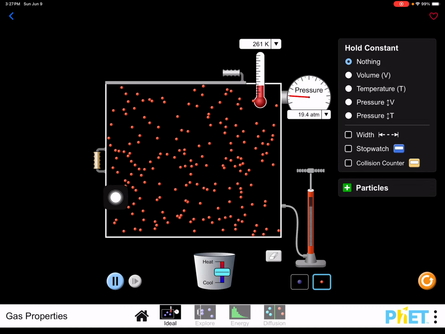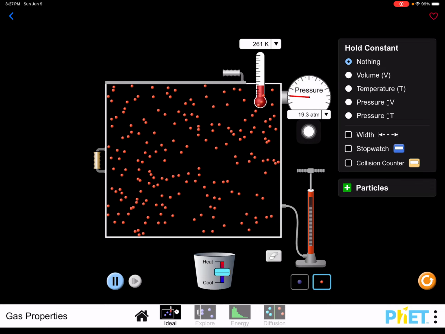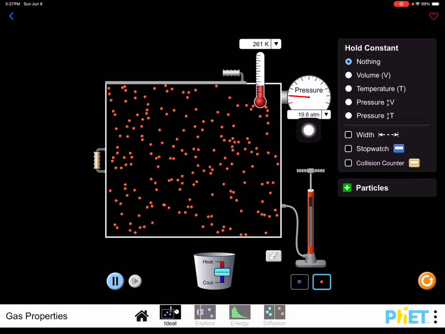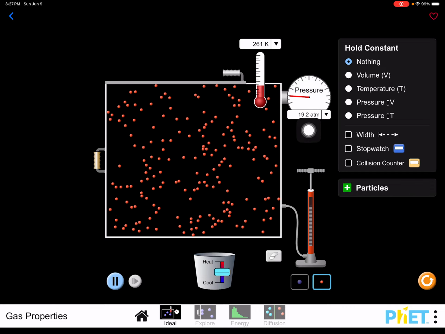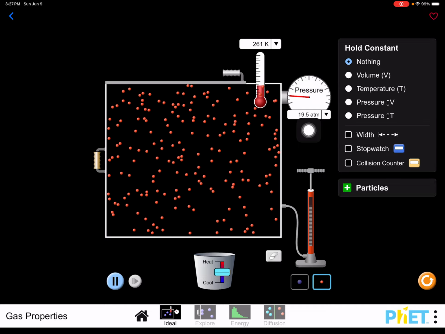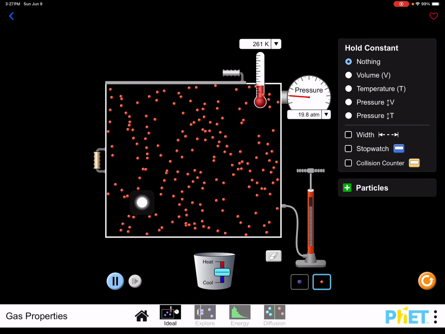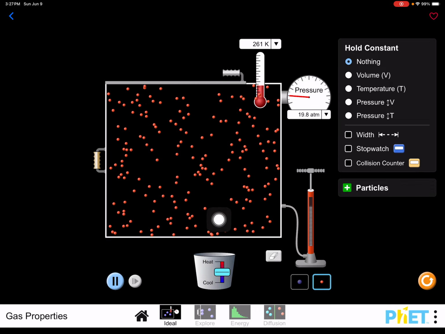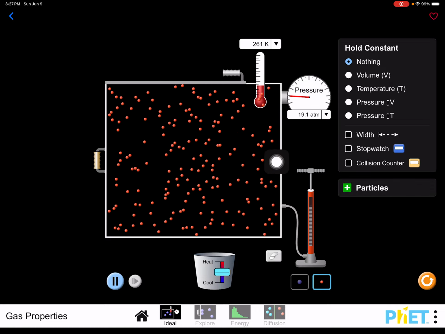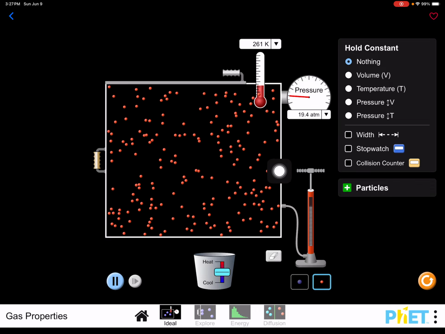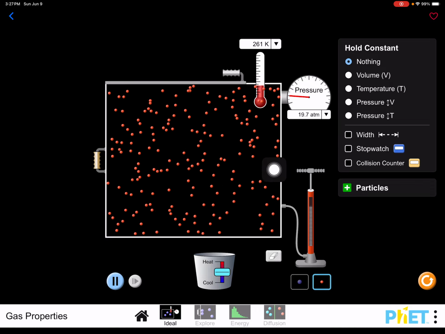What 20 atmospheres means is that 1 atmosphere is 15 pounds per square inch, so 15 times 20 is 300 pounds per square inch. The gas molecules bouncing off these boxes are exerting a force of 300 pounds per square inch on the box.